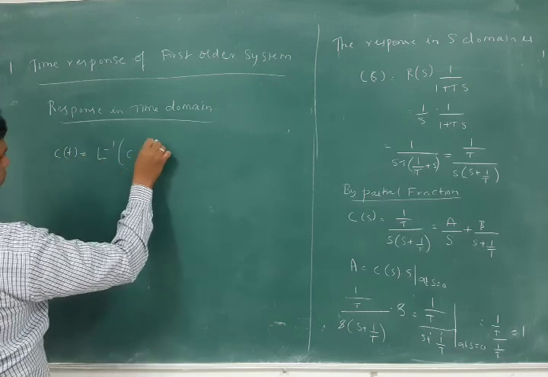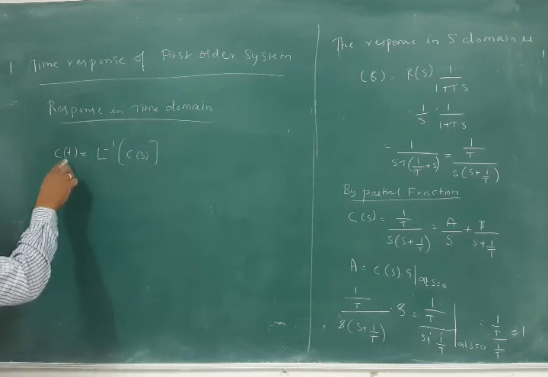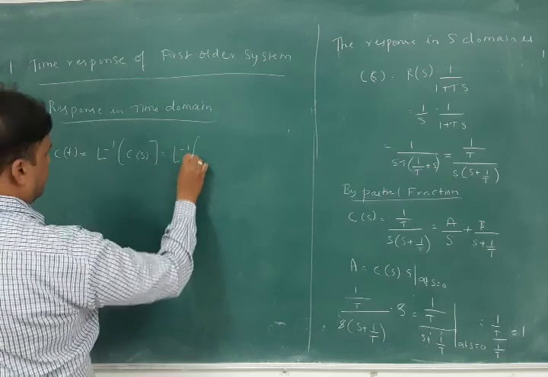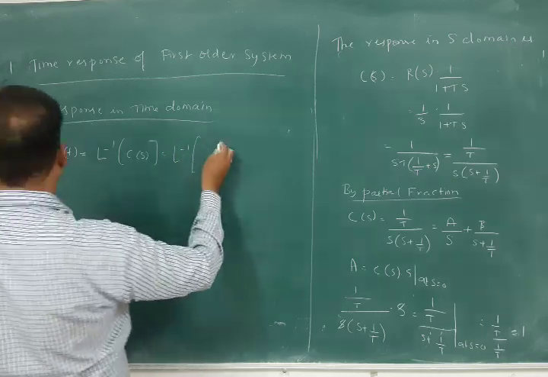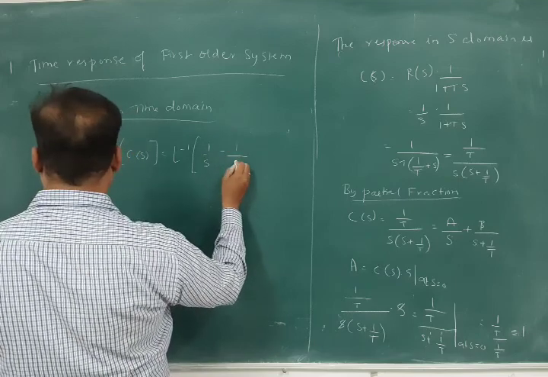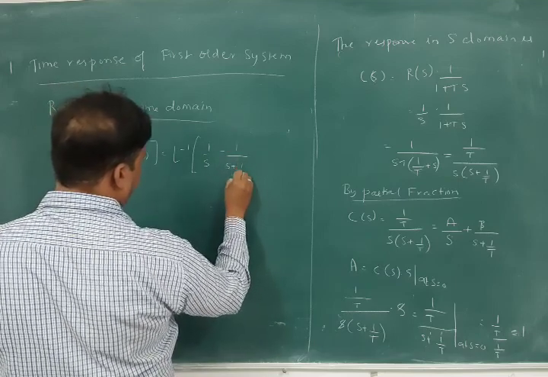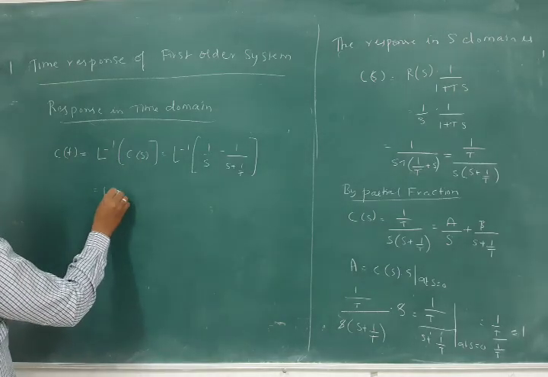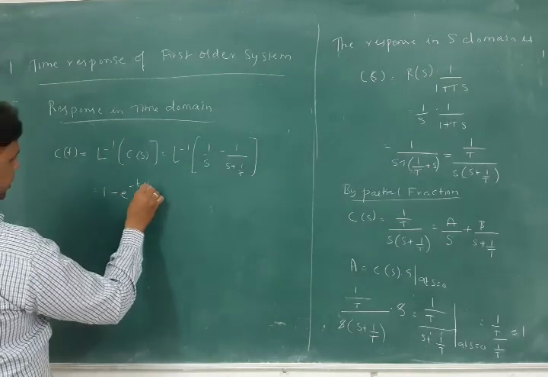Why? Because c of s is the Laplace transform of c of t. So c of t is equal to Laplace inverse of c of s, that is Laplace inverse of 1 by s minus 1 by s plus 1 by t.